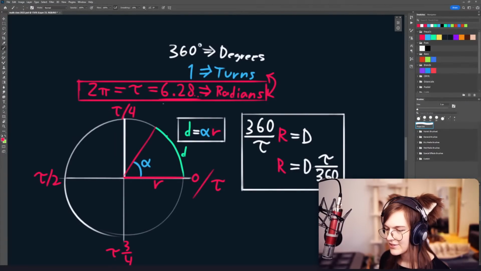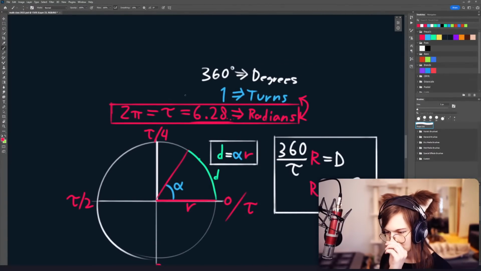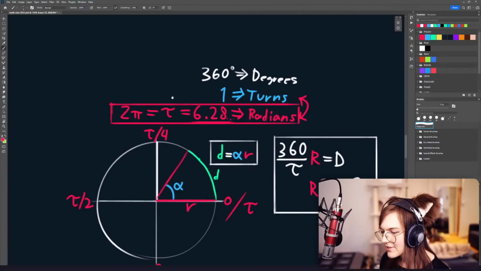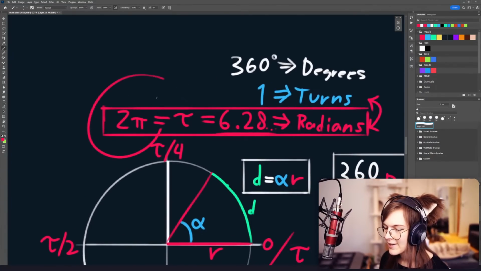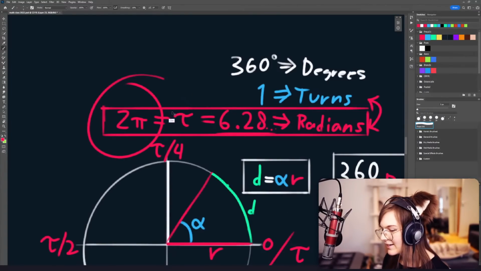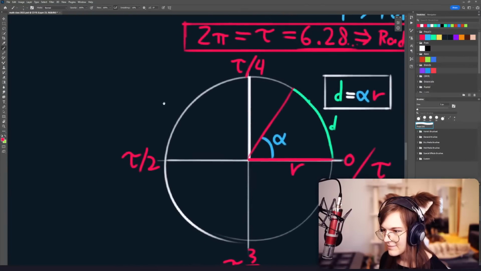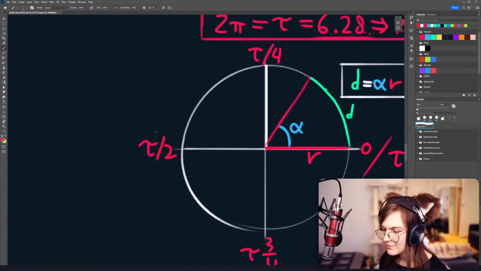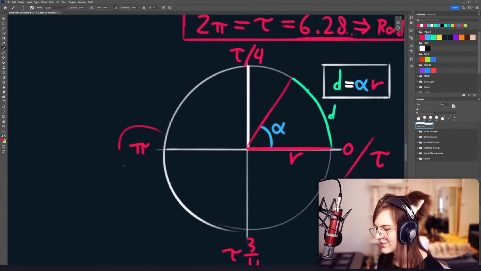But it's probably good to know that when you read about radians and equations, most of academia and pretty much all of school uses pi, which I think is a bad idea because it adds this factor of 2, which is really gross. It makes it so that half a turn is pi, which is really confusing because that doesn't look like half a turn, right?